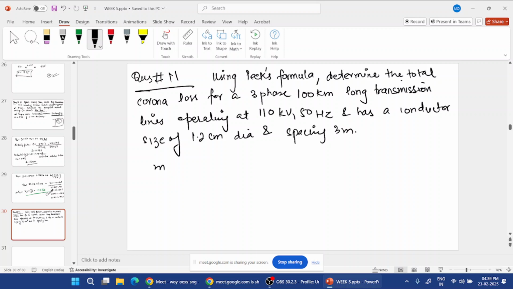Assume the irregularity factor 0.98, air density factor 0.96, and dielectric strength is 21.1 kV RMS per centimeter.